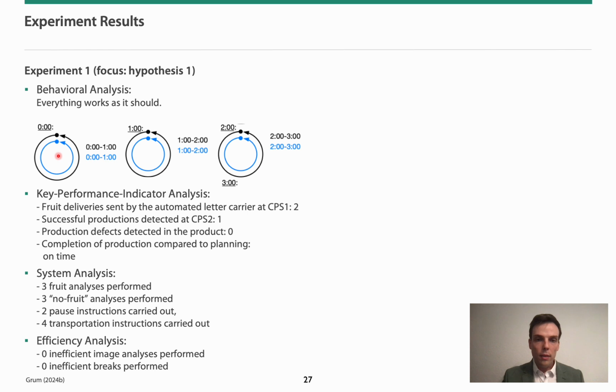So I'm having a look at these two colors here. The black production site and the blue production site show the same activation time points, so the same cycles, and they have the same rates. Here, workpieces are provided in time. Picture analysis and transport analysis are perceiving workpieces as desired.